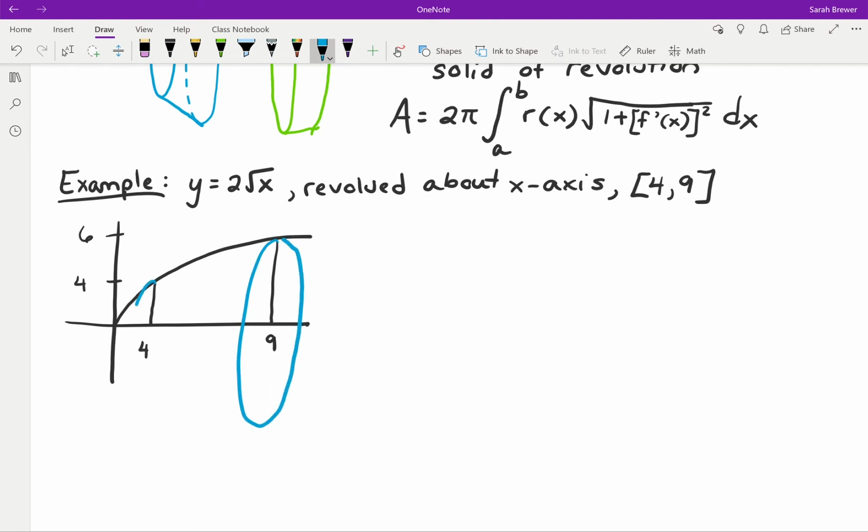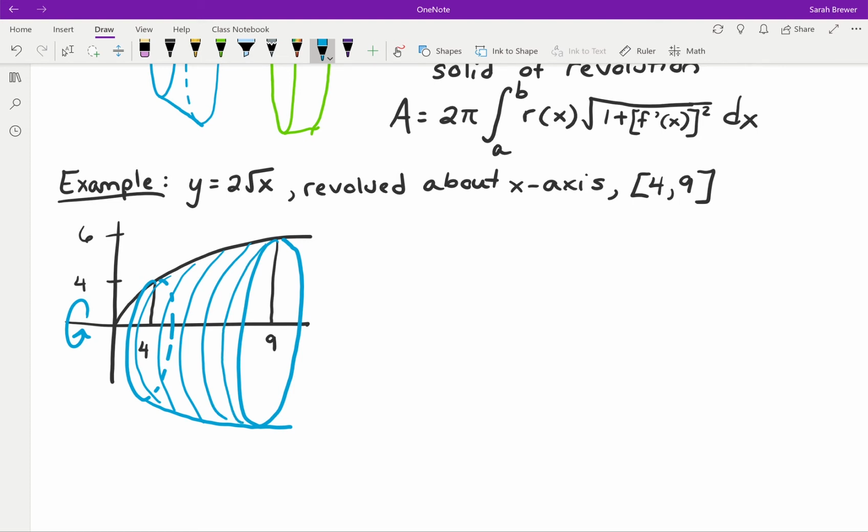And so we're revolving about the x-axis, and then we're going to have this surface. Actually, that's not a straight line, is it, right? Yeah, there we go. There's my square root function, right? And so we're just looking at what is this lateral surface area here.